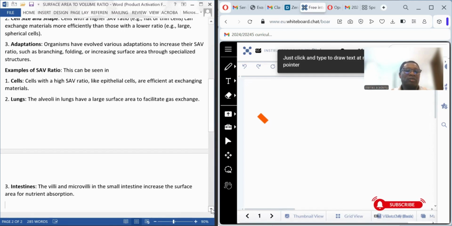The lung is also a very good example. The alveoli in the lungs, the alveoli are the blood capillaries that line the cells of the lung, increase the surface area of the lung and facilitate the exchange of air.